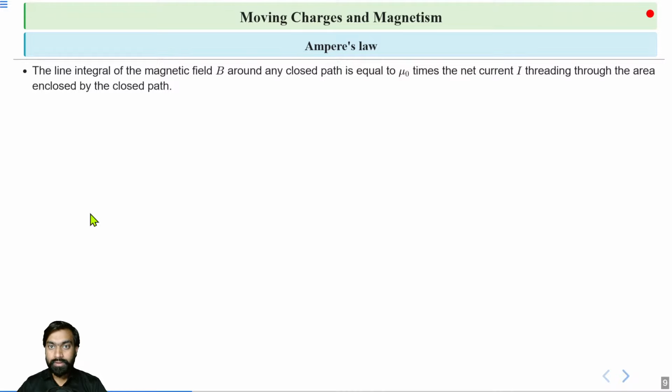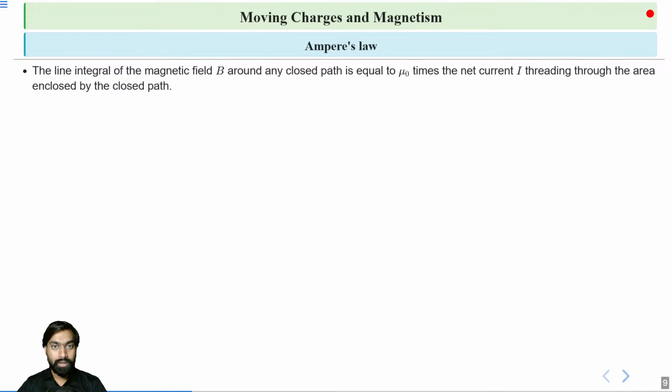Now we will discuss the concept of Ampere's circuital law and line integral of magnetic field. Before discussing the concept, remember a point: the magnetic field around a current carrying conductor forms closed loops.